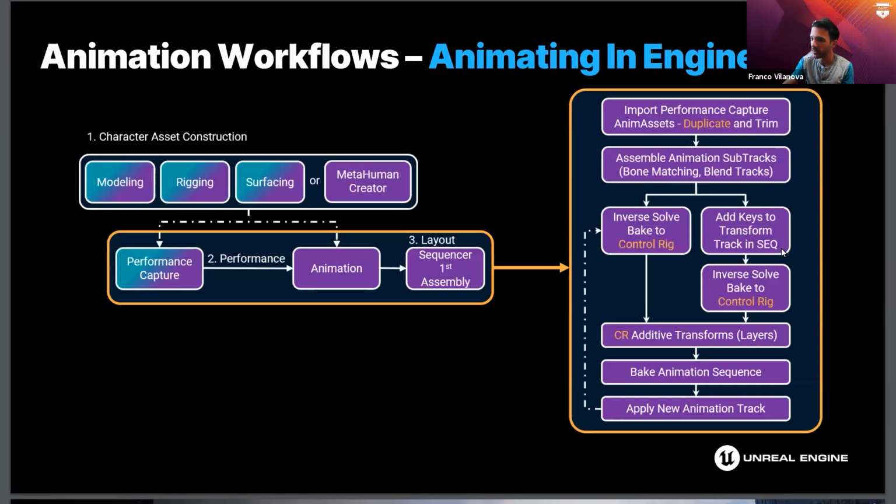We can add keyframes to a transform track to, for example, move a character if we do not have any root motion, or we could go with an inverse solve to bake to control rig, which we have in both steps because we obviously do want to refine our mockups. We were talking slightly about that yesterday in labs in the multiverse. And we end up baking usually to then create what is called a control rig additive transforms, right?